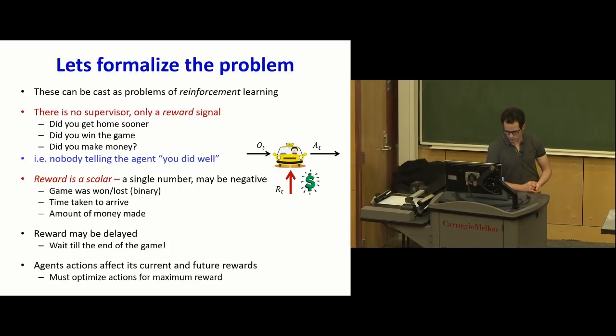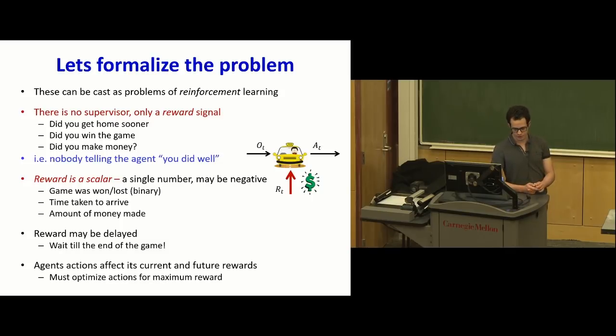So, we keep formalizing. These problems, in general, we're calling reinforcement learning because you are perceiving a reward signal and you want to reinforce it, which is to make the positive reward stronger in the future.